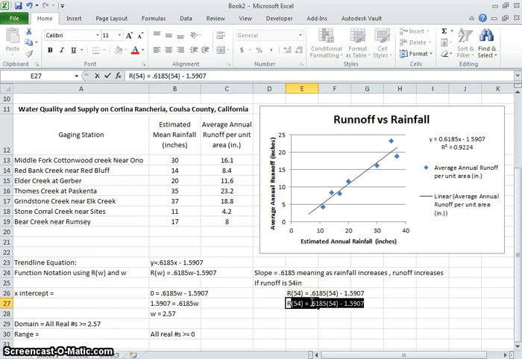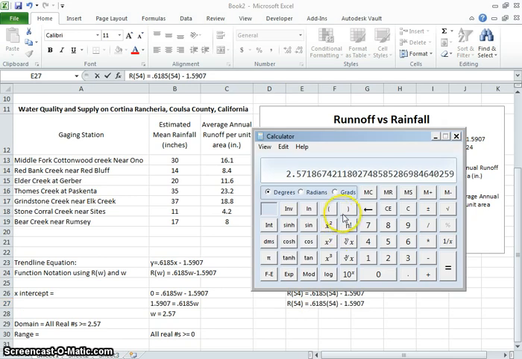So my R of 54 would be equal to, let me pull my calculator back up, what do we say, 0.6185 times 54 is equal to 33.399. We're going to subtract off the 1.5907 and find that it's 31.8.